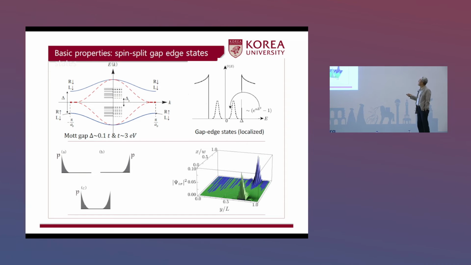It's very important that you have a soft gap in the middle. That protects fractional charges against quantum fluctuations. If you close this gap, then quantum fluctuations will kill charge fractionalization. I'll explain this later.